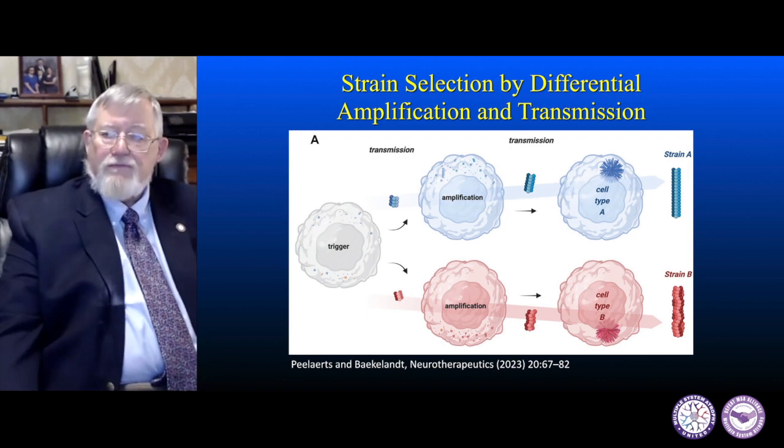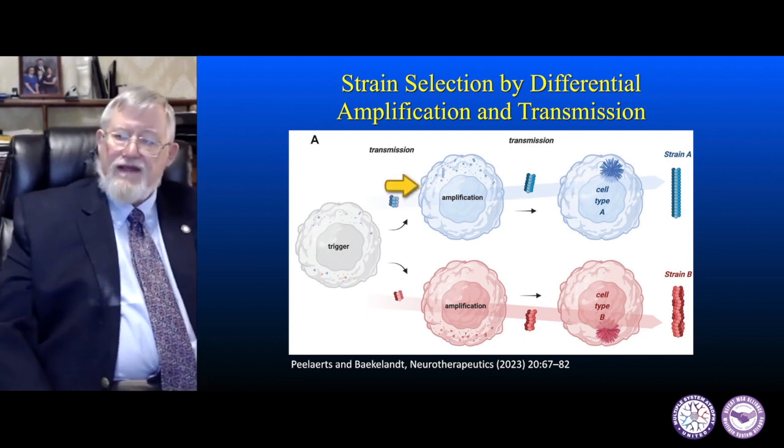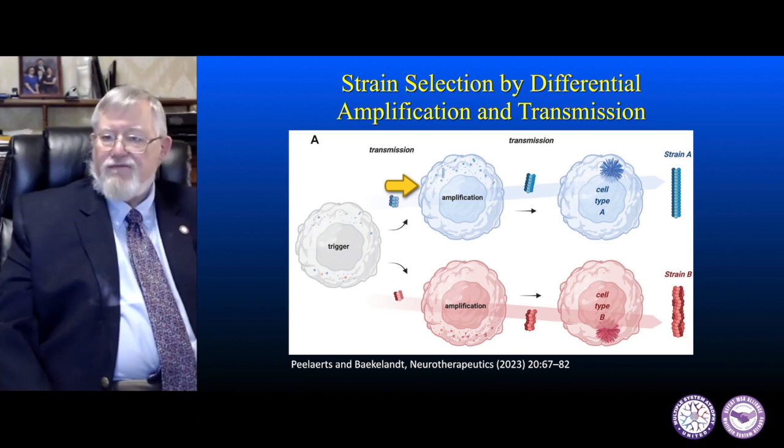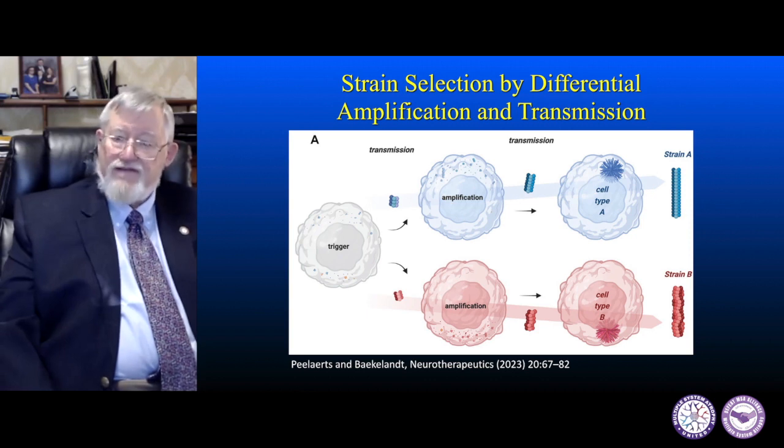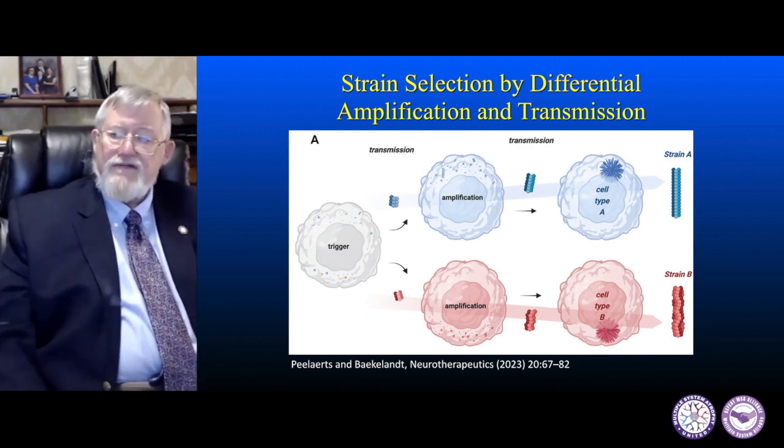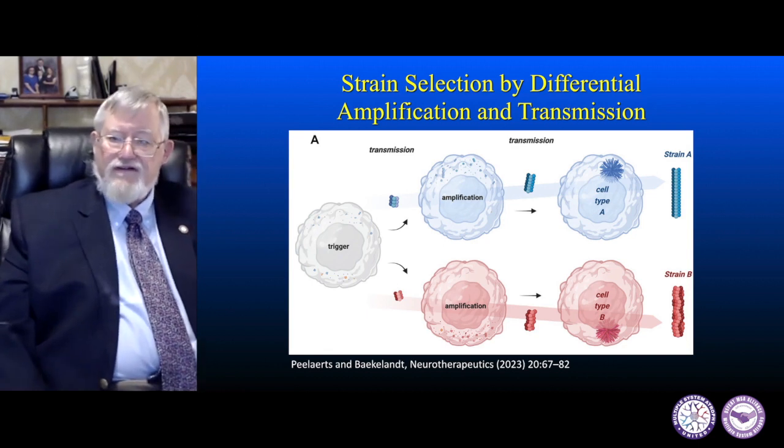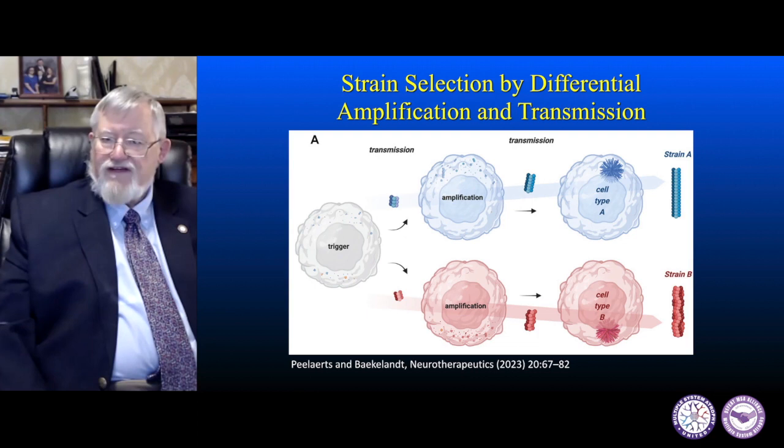But then it has to pass it to the next cell. And actually the mechanisms by which these little protein aggregates and fibrils can get from cell to cell can be selective for some types of aggregates versus others. And then that cell has its own intracellular milieu that may affect what kind of aggregation gets amplified within that cell.